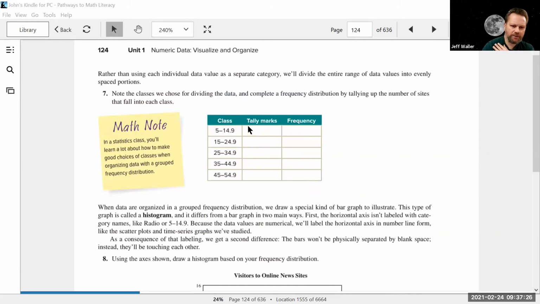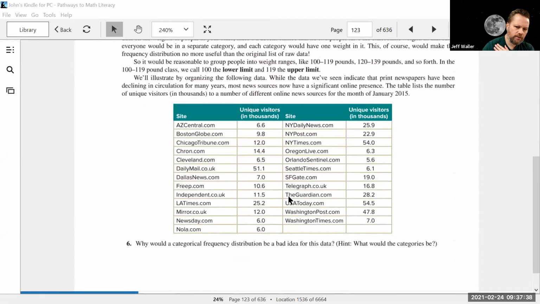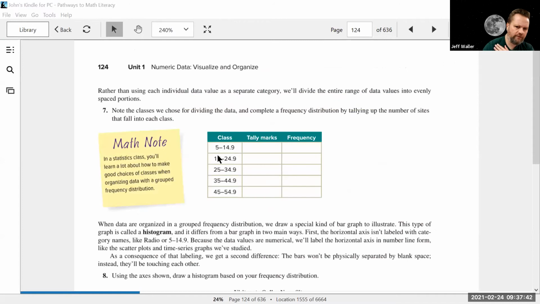It's going to be hard for me to show you because it's on 2 different pages. But here's the idea. If I have numerical data that I want to show, so in this case, I want to know how many show up between 5 and 14.9 times. So if any of you guys are going to take statistics next, and I think quite a few of you plan on taking statistics, you will be making this kind of graph.